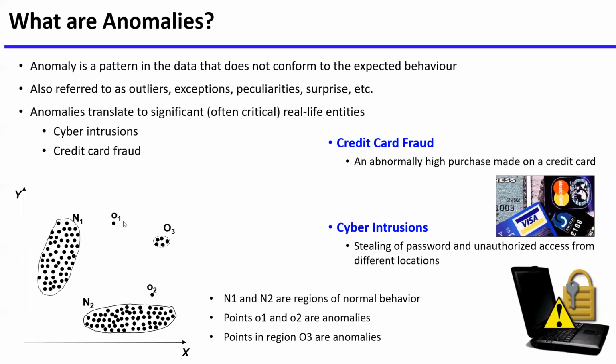But if certain data samples appear at some distance from the normal clusters, that can be identified as an anomaly. So here points O1 and O2 can be the anomaly. Point O3 can be a new cluster, but since it is far away from the normal regions, N1 and N2, it can also be seen as an anomaly for certain specific circumstances. So this is the typical representation of anomaly detection.